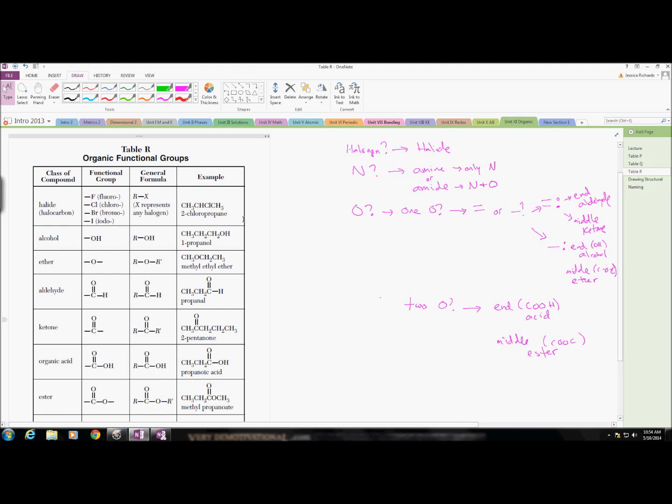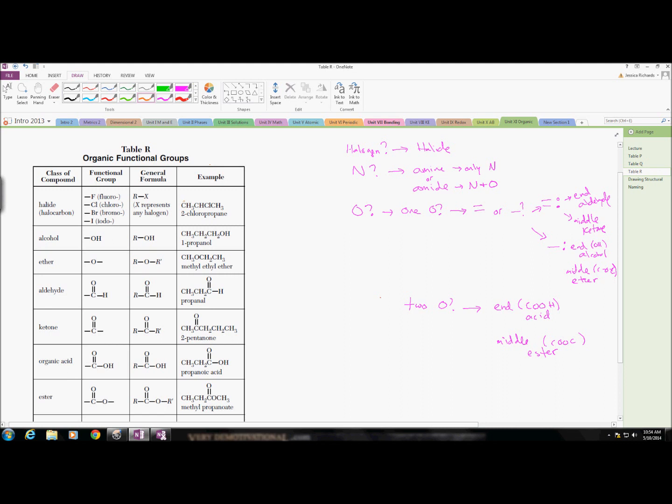And then look at the name that they give you. So when you have something that's a substituted hydrocarbon, there's something in there other than just carbons and hydrogens, use table R and look at their example to help you figure it out. Now on reference table R, their formulas are expanded molecular formulas, is how they refer to them.